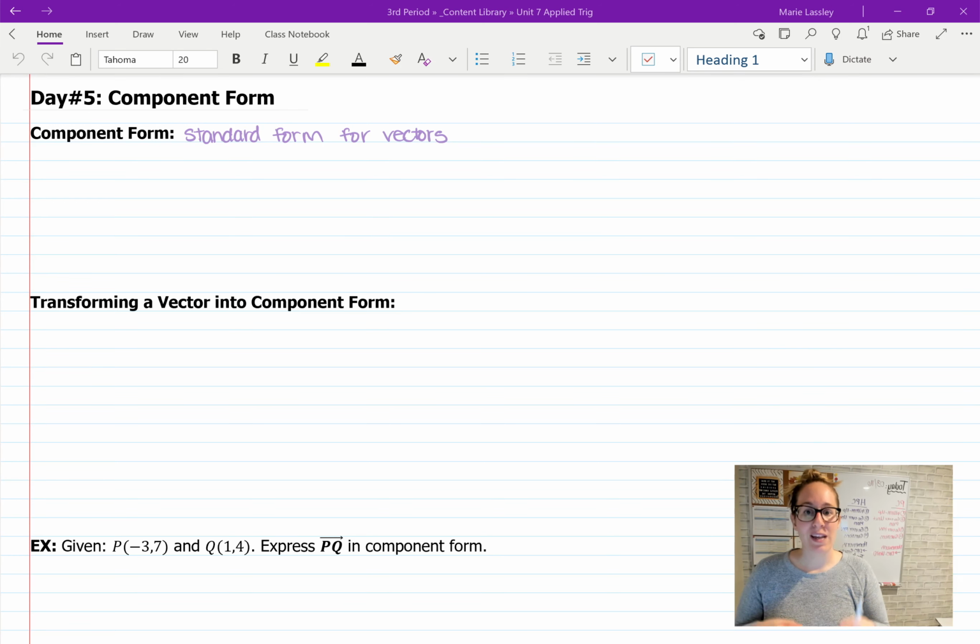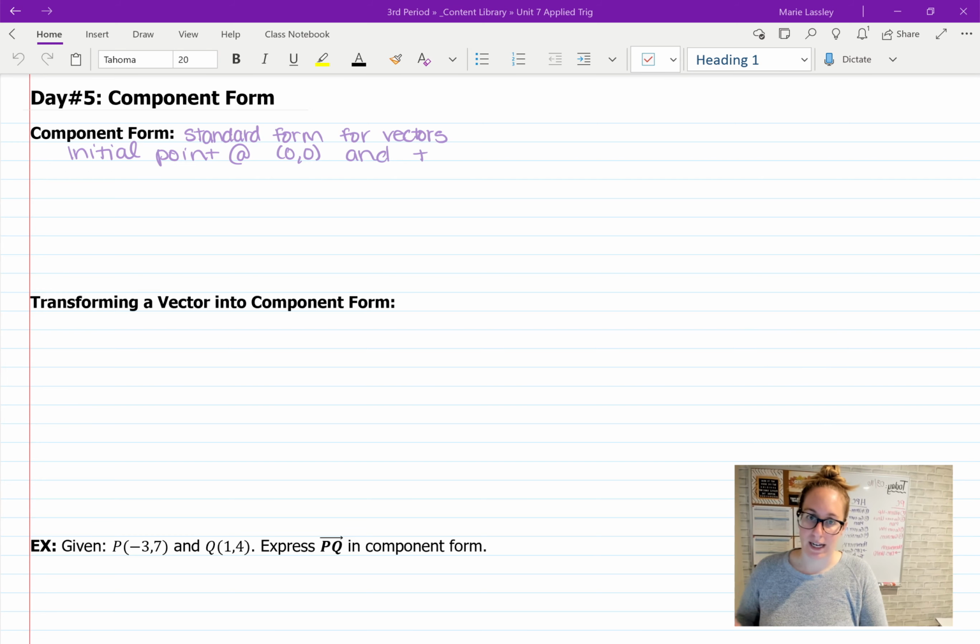And just to recap, component form is when you have your starting point at 0, 0, and your terminal point or your ending point at some x, y. So initial point, that's our starting point. This is when you have initial point at 0, 0, and terminal point, that's ending, right?